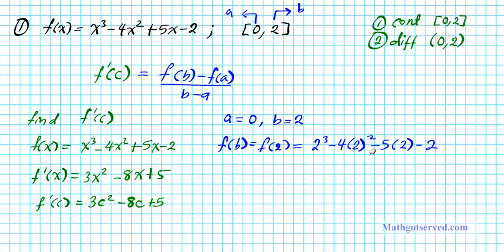If we evaluate this entire expression, we'll end up with 0. Let's correct this, this is a plus. So we have 0. That is f of b.